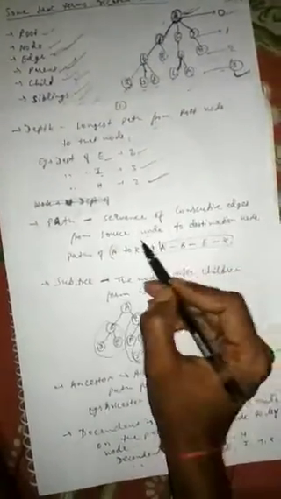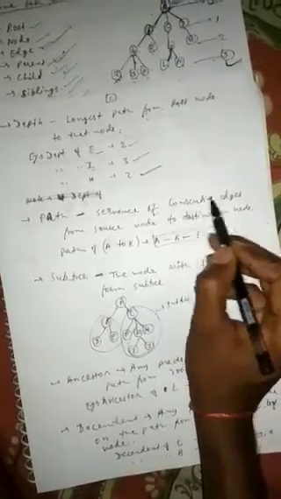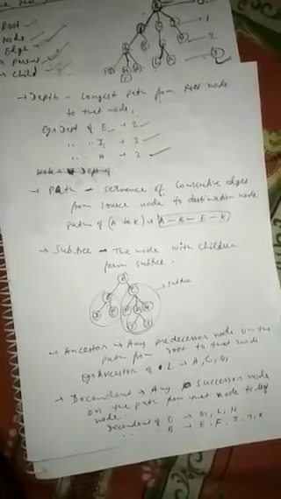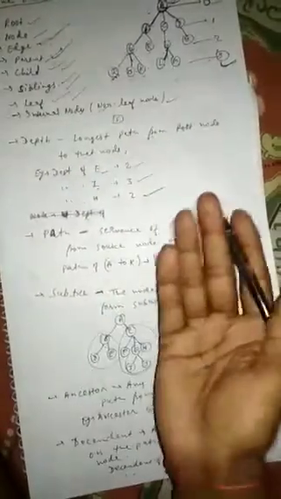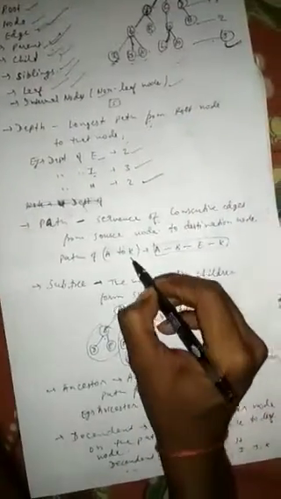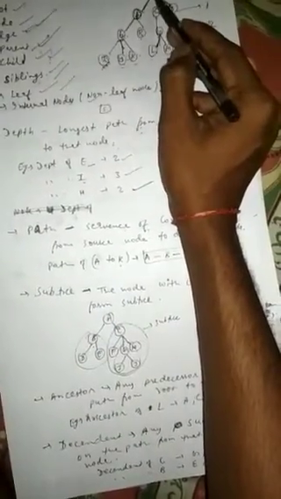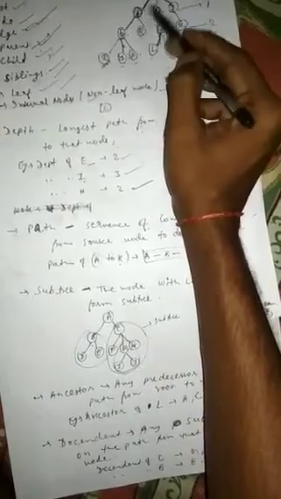Again we see path. What is a path? A sequence of consecutive edges from a source node to a destination node. We can take any node to any node, just like we take A to K. What is the source node?